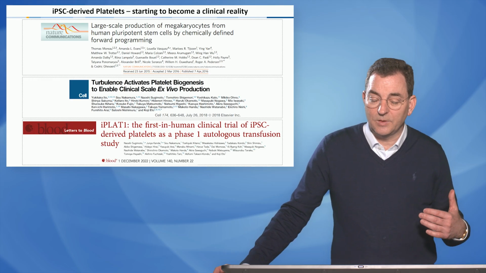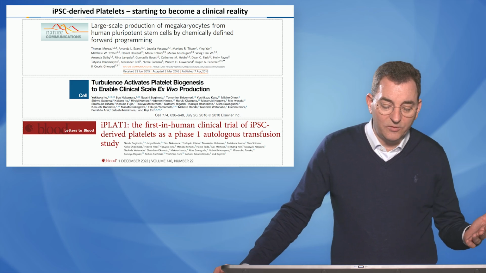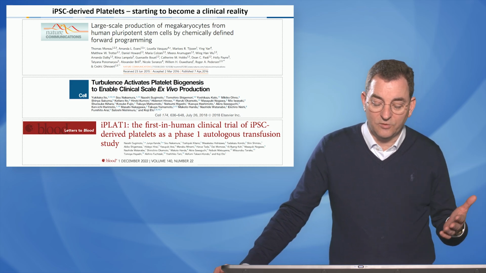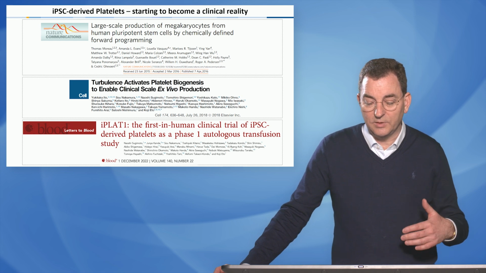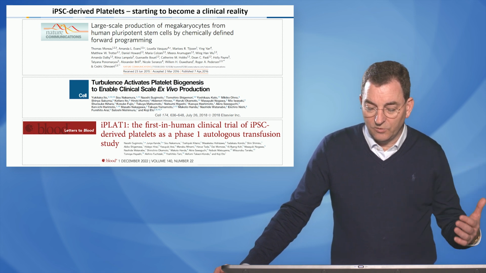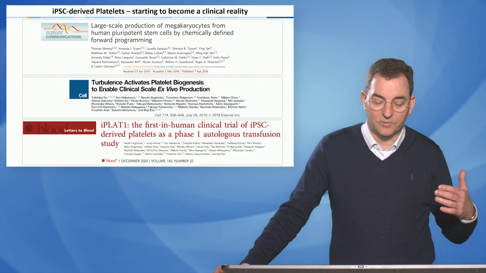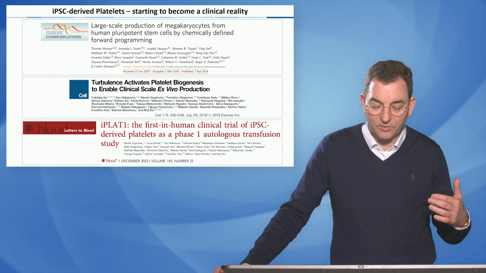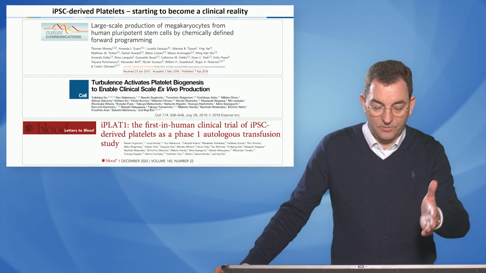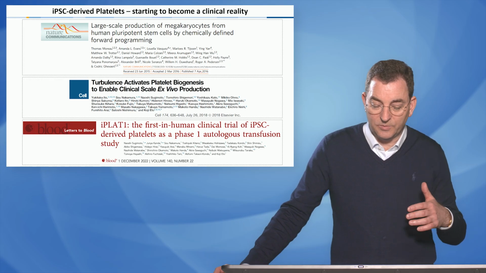And we are having huge leaps in that direction. So for example, these are just a few of the many, many publications out there showing that we are able to produce megakaryocytes, so progenitors of the platelets, using pluripotent stem cells, for example, in this Nature Communications paper by chemically defined forward programming.